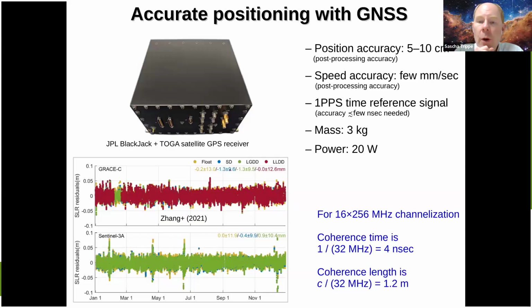What we can do is split this band into sub-bands. For example, for one configuration we looked at 16 times 256 megahertz, or you use 32 megahertz individual bands, and then the coherence length is a bit more than 1 meter. This is an option we could use at the level of processing the data on the ground.